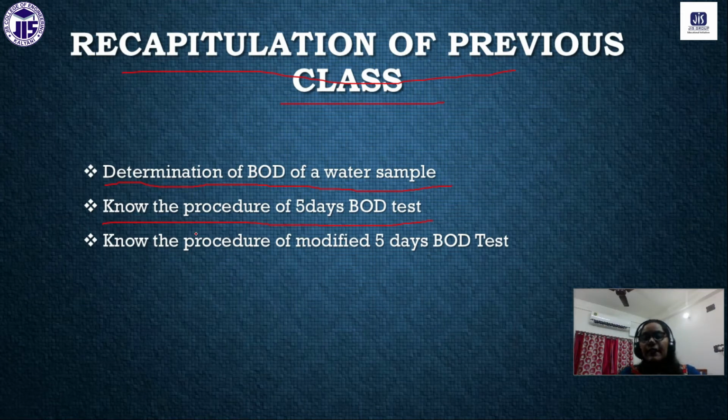In my previous class, I already discussed the procedure of the 5 days BOD test. Now you know the procedure, and you also know the procedure of the modified BOD test.